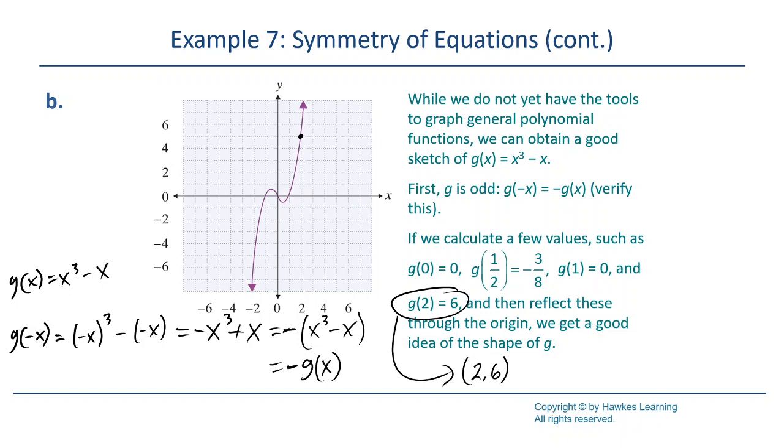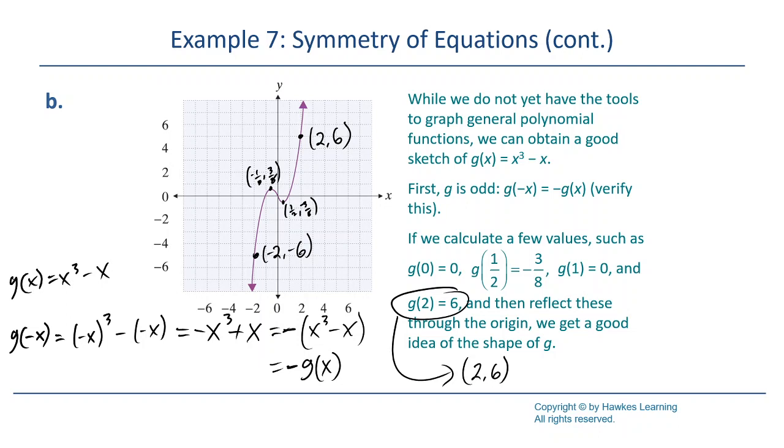If I come over to negative 2, I also have negative 2, negative 6. I didn't change their order, I just changed the signs. Notice here, if I have the point 1/2 and negative 3/8, then by symmetry, I should also have negative 1/2 and positive 3/8.